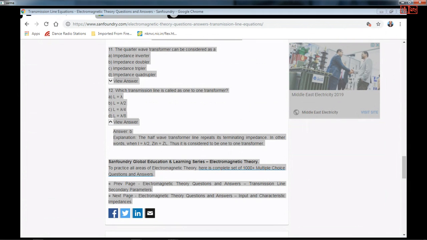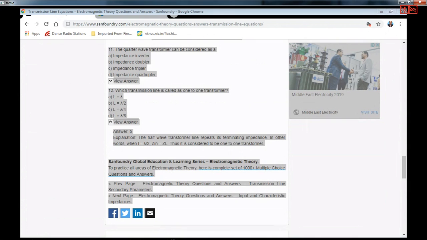So thereby it acts like a series resonant circuit. Then the third one is a short circuited transmission line of length less than lambda by 4. From our earlier graph, as you can see, it acts like an inductor. The fourth one is an open circuited transmission line of length less than lambda by 4, so it acts like a capacitor.